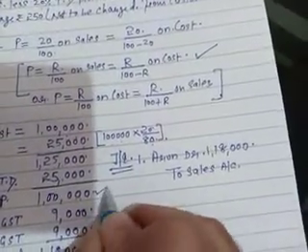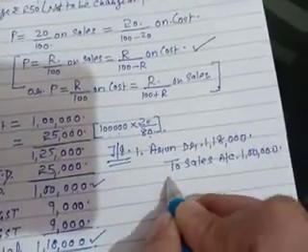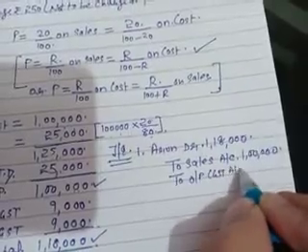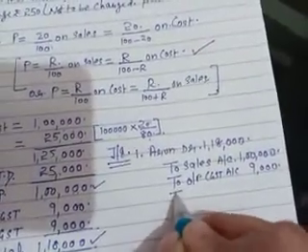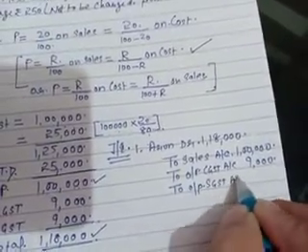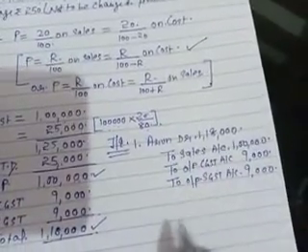Total sale price is 1 lakh. To output CGST account 9,000. To output SGST account 9,000. This is our entry for the sales.